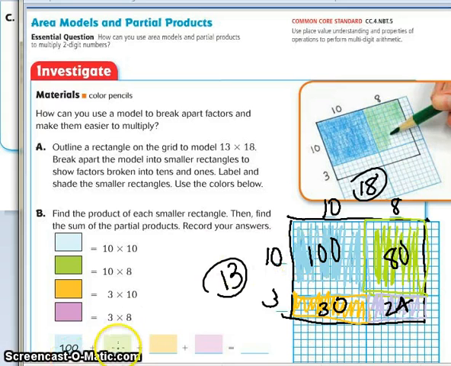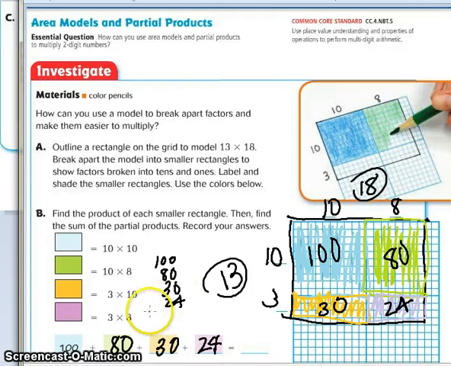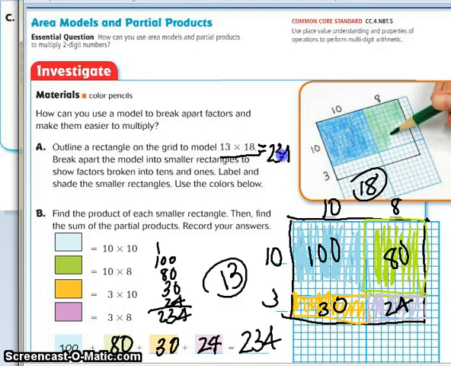We have 100 plus 80 plus 30 plus 24. You can do this with mental math, or you can quickly line it up, whatever's easier and will cause fewer careless mistakes. 234. So 13 times 18 is 234.